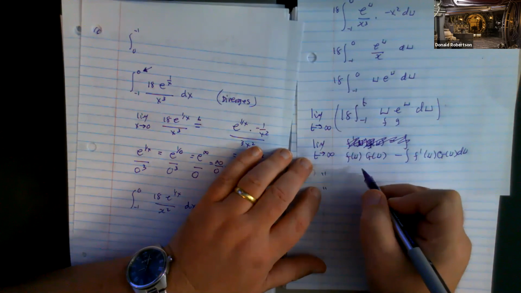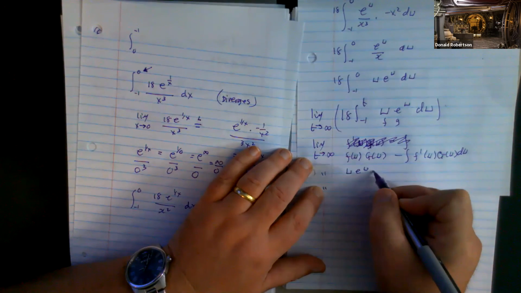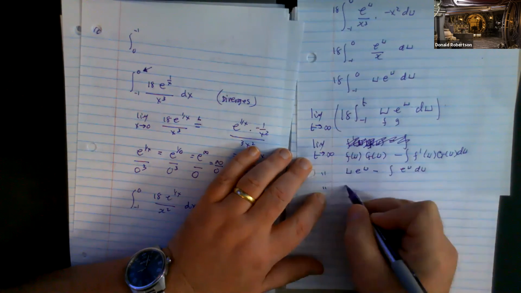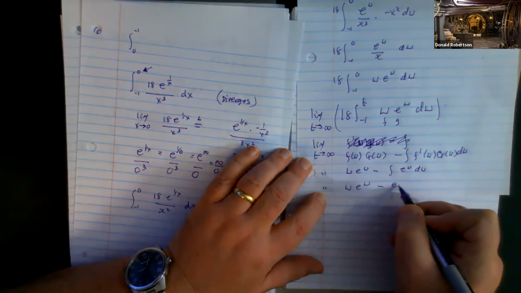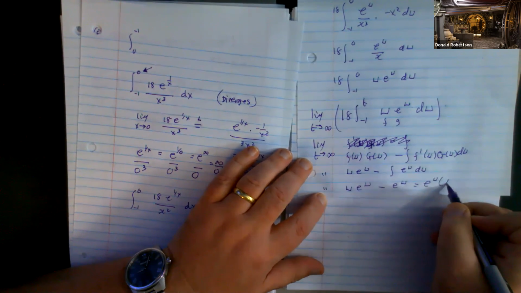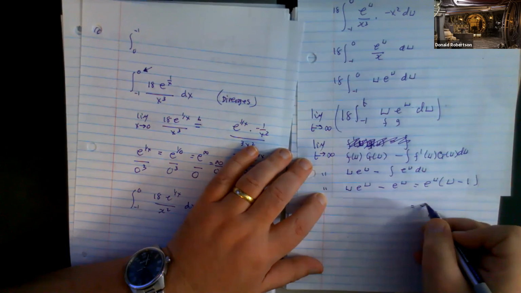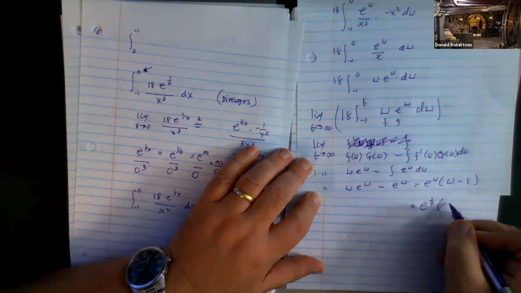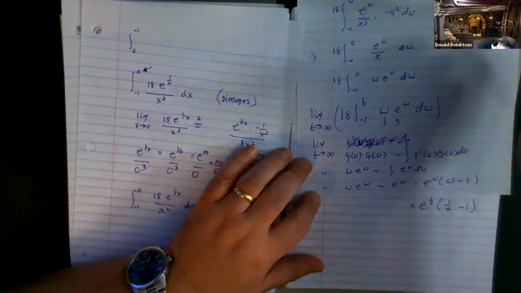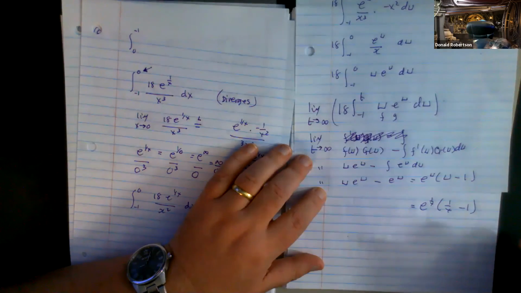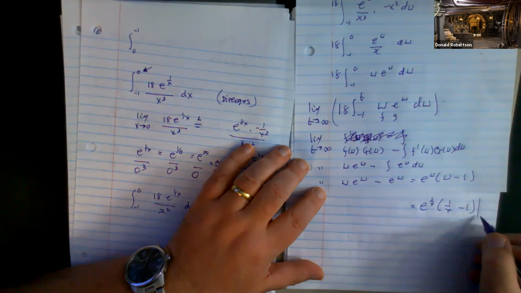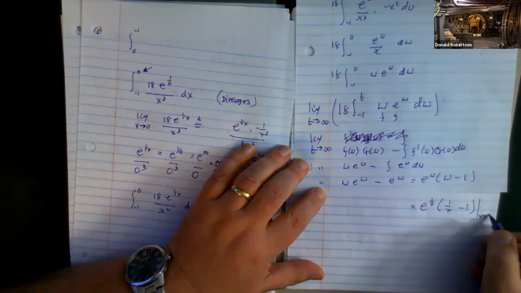So what do we get? We get u e to the u, take away the integral of 1 times e to the u. So you get u e to the u, take away e to the u, which is e to the u take away 1, which is e to the 1 over x, 1 over x take away 1, evaluated at x equals negative 1 and x equals t.